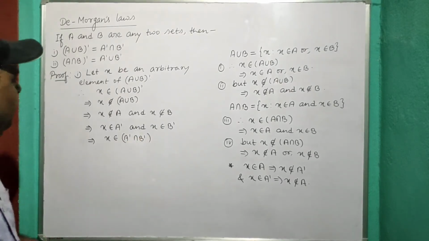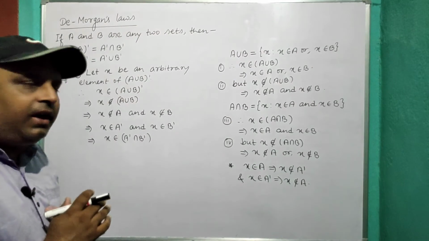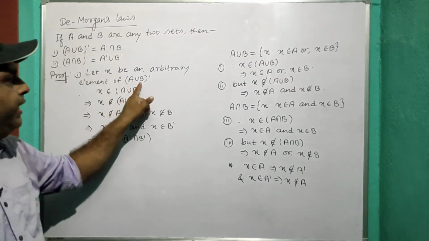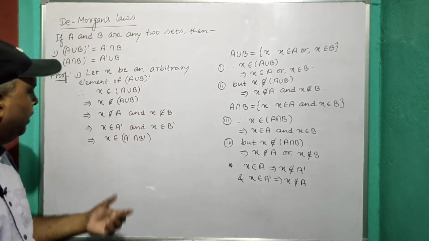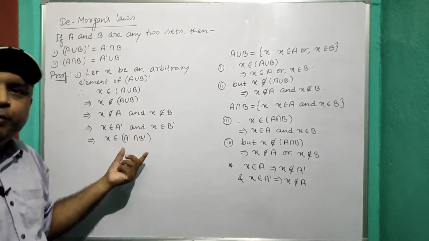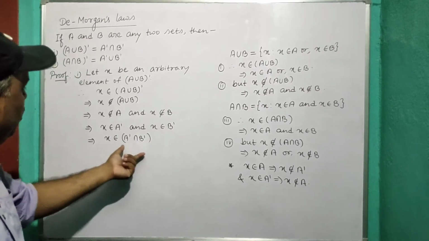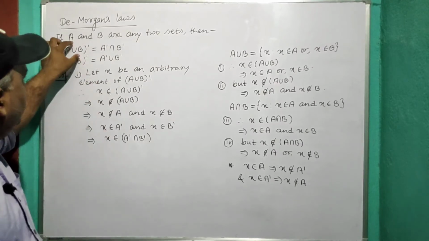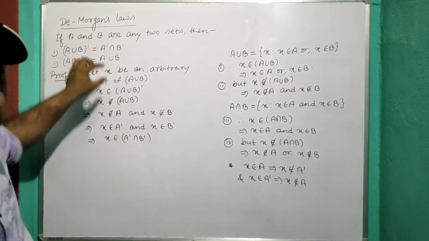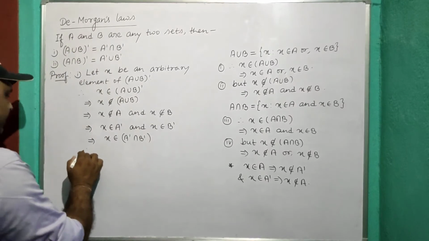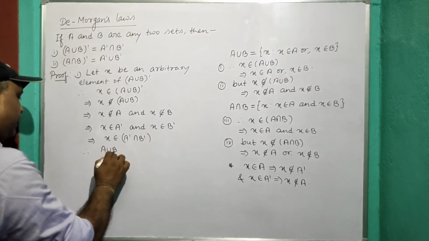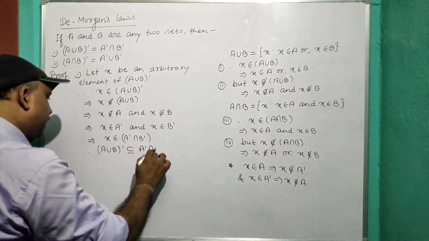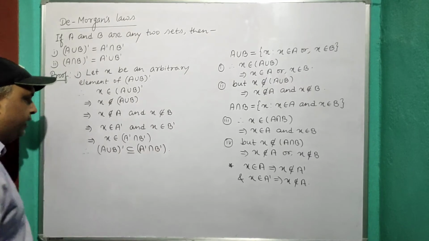So observe that I started by taking any arbitrary element x which belongs to (A union B) whole dash, and after performing this step we find that the same element x belongs to this A dash intersection B dash. It means the elements of this are present in this one, and therefore we can say that (A union B) whole dash is a subset of A dash intersection B dash.